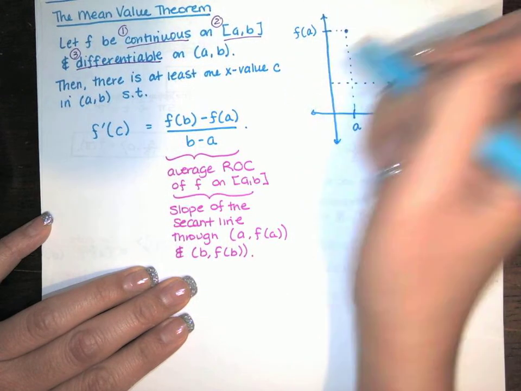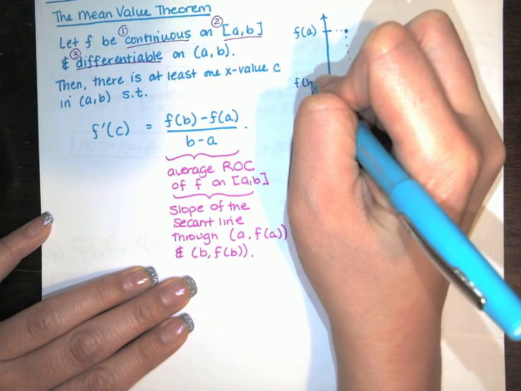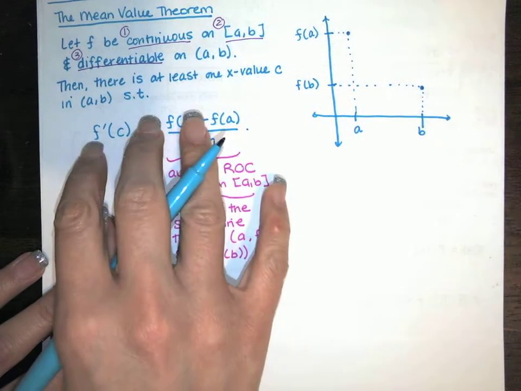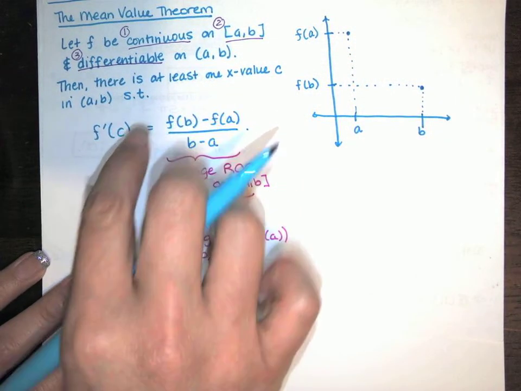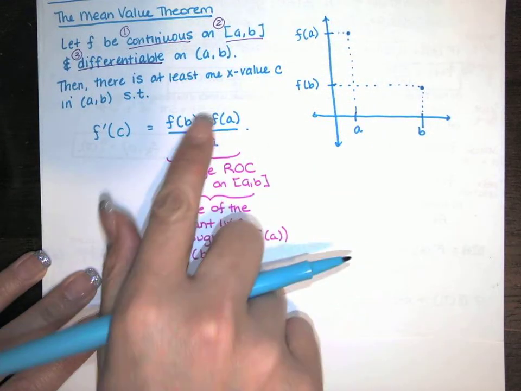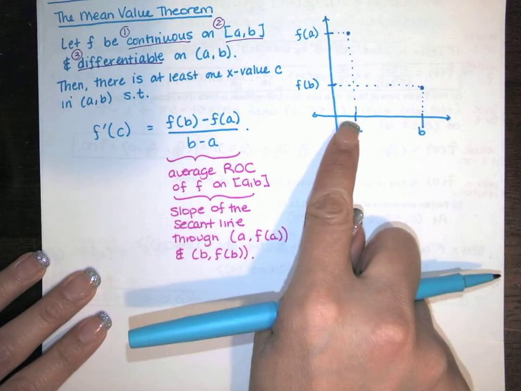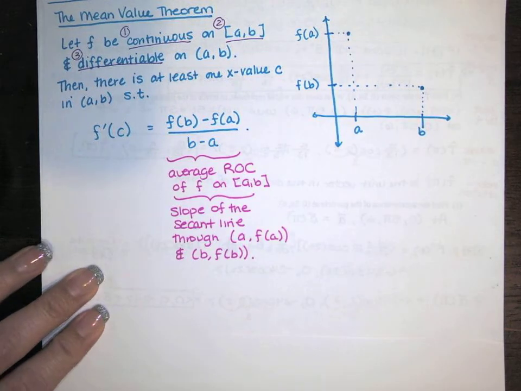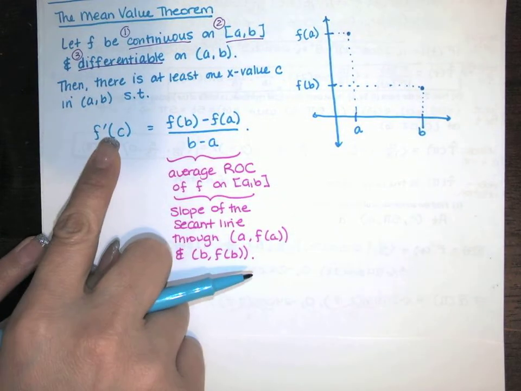The derivative is well defined everywhere. This says there is at least one x value in the interval from a to b such that the average rate of change, or the slope of the secant line through x equals a and x equals b, through those 2 points on the graph, is equal to this.